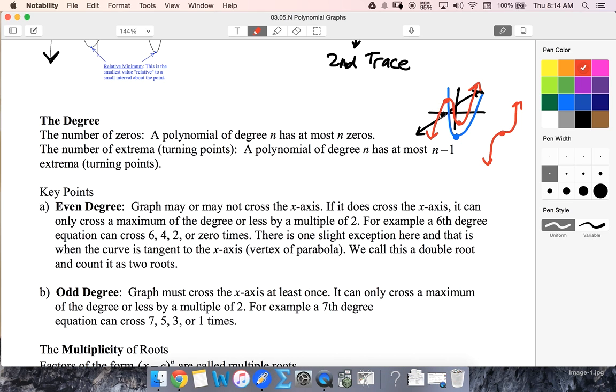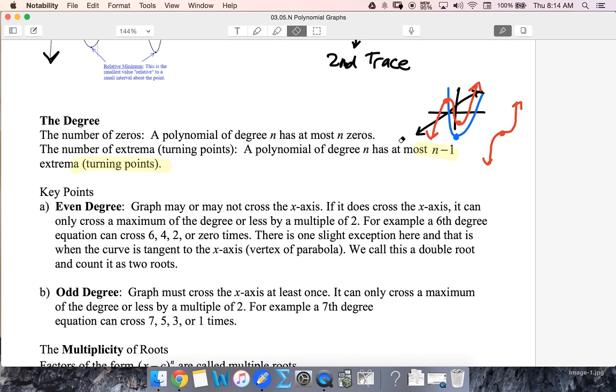So when we think about polynomials, polynomials have at most n minus 1 turning points. So that's going to be our maximum number of turning points. That's going to be how many maxes, relative maxes or mins we have.